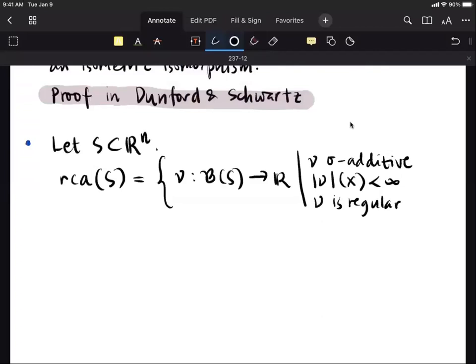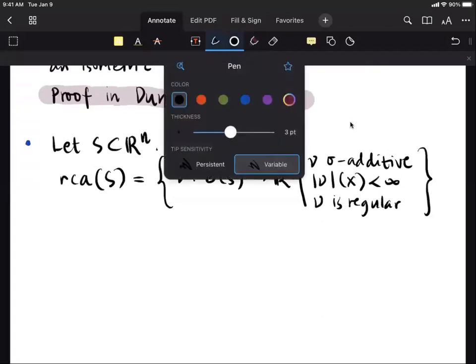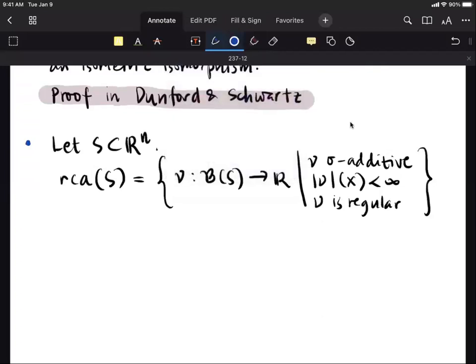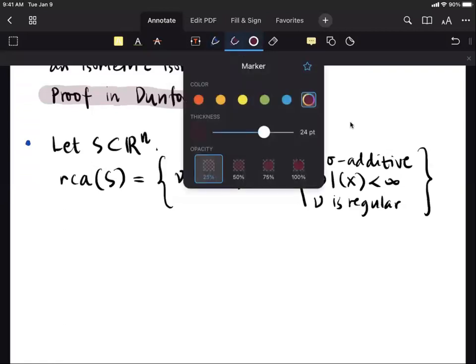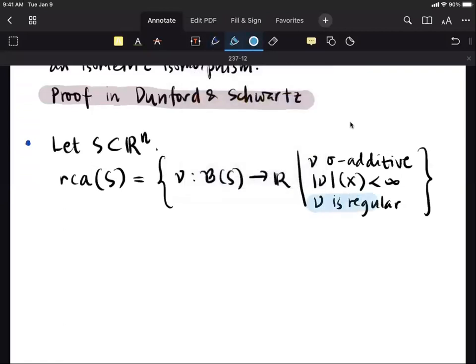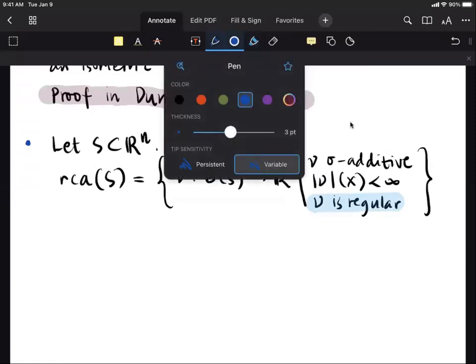regular. So here, what do we mean by nu being a regular Borel measure?